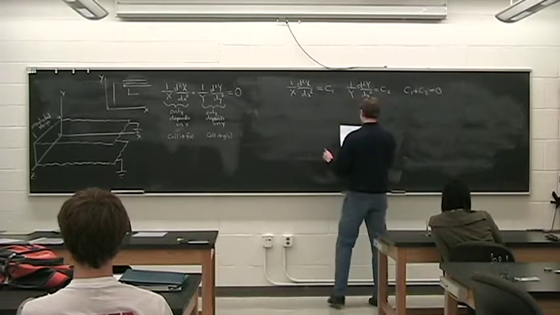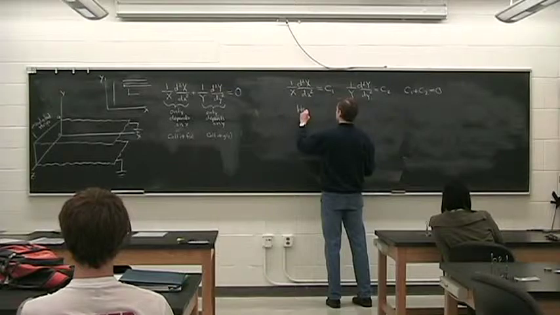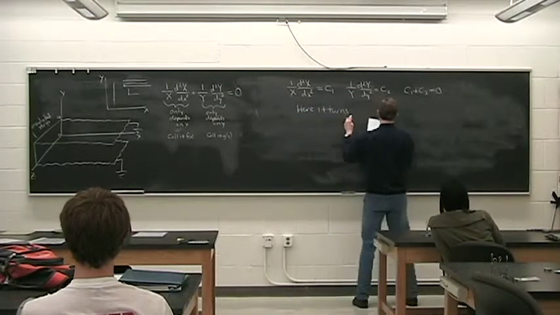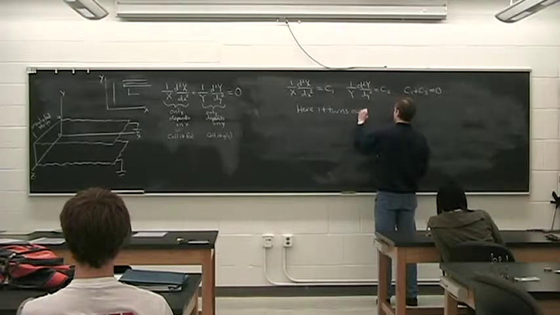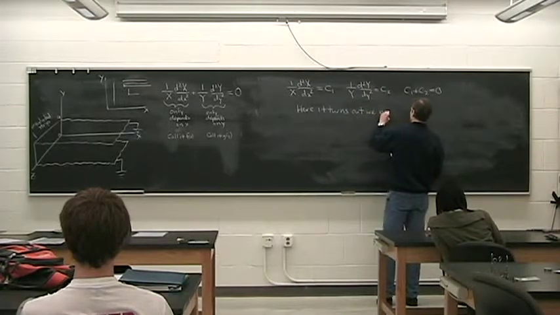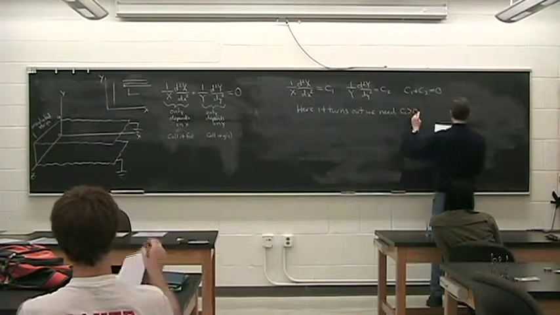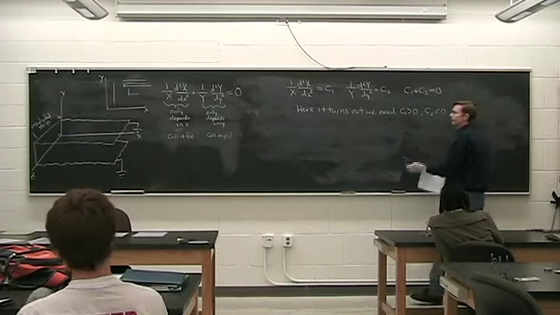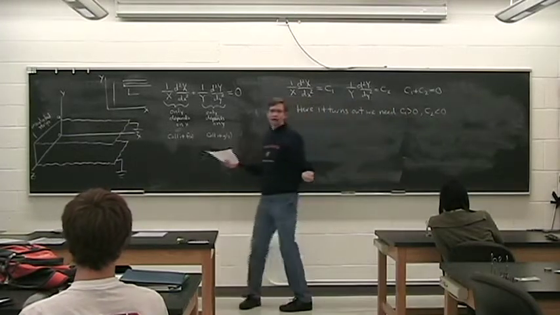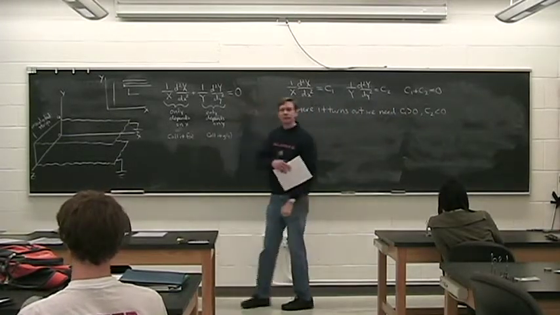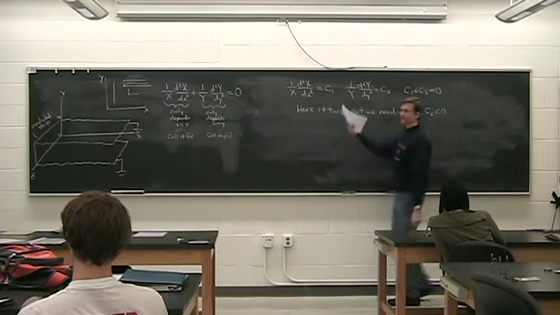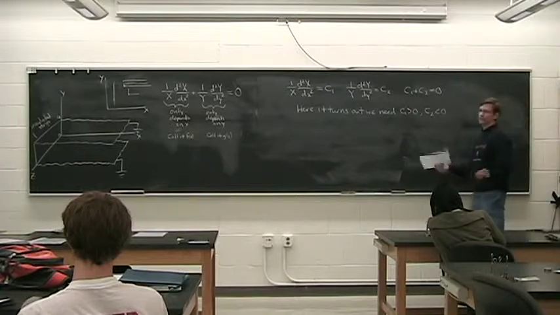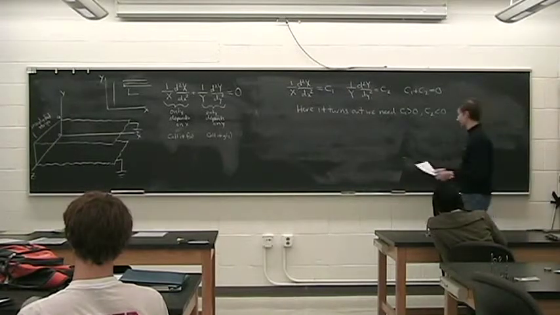Here, it turns out we need C1 to be greater than 0, C2 to be less than 0. In general, you've got to try all the possibilities. Here, having pre-digested the possibilities, we'll just say it turns out you want C1 to be greater than 0, C2 to be less than 0, and as we go through it, it'll be clear why that turns out to be the case.